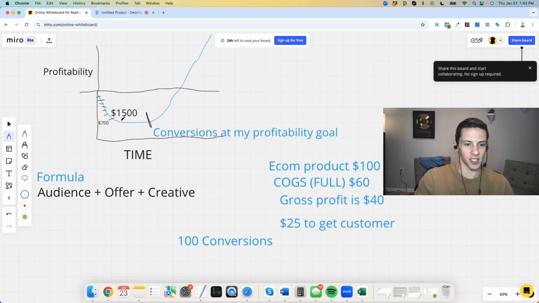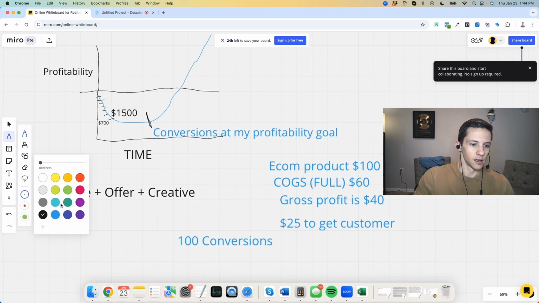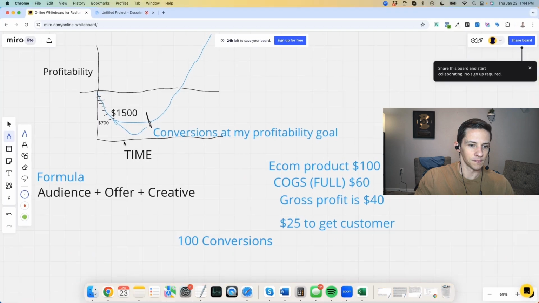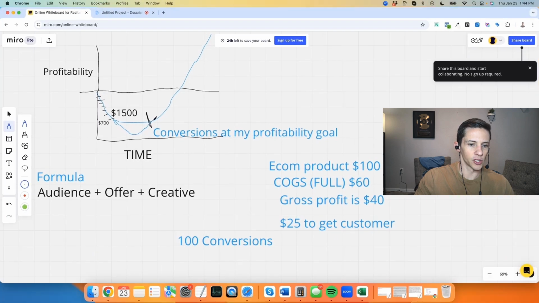Now, at this point, I'm still going to be losing money here. And we may need to redraw this J curve here, make it a little deeper, right? It doesn't flatten out quite like this. So let's just say this is the real J curve here.